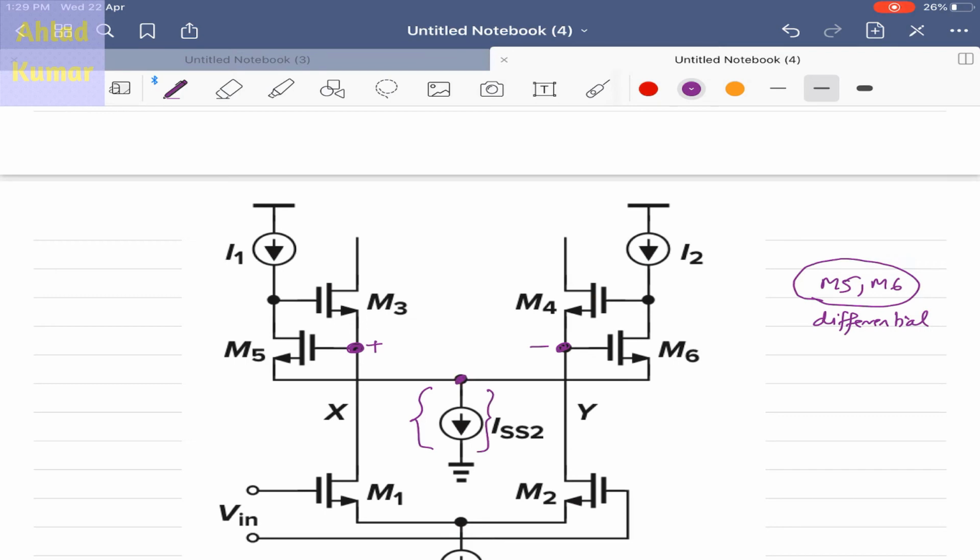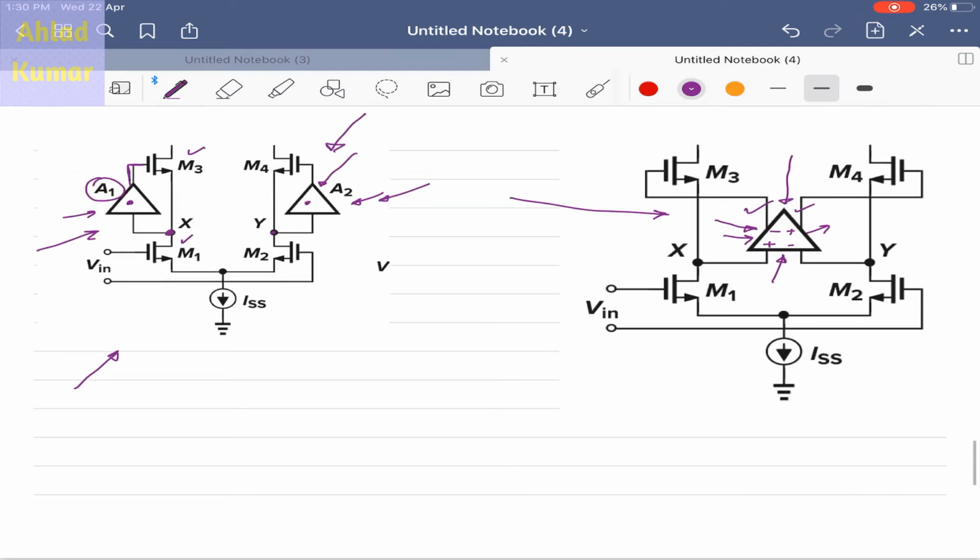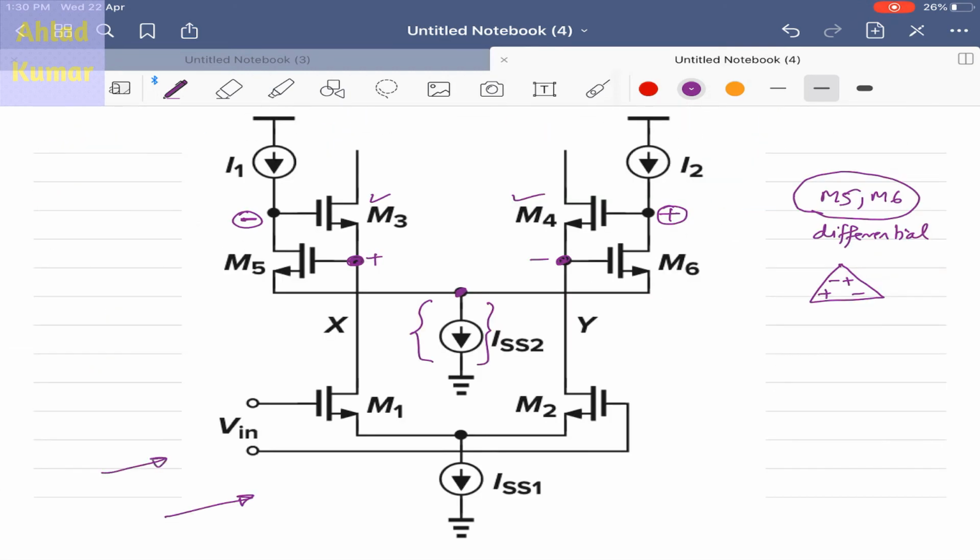It generates two outputs, minus and plus, and these outputs are fed back to M3 and M4. Now you can see that M5 and M6 is actually the fully differential amplifier which we were discussing. So everything is fine about this, but the only problem is the output swing.